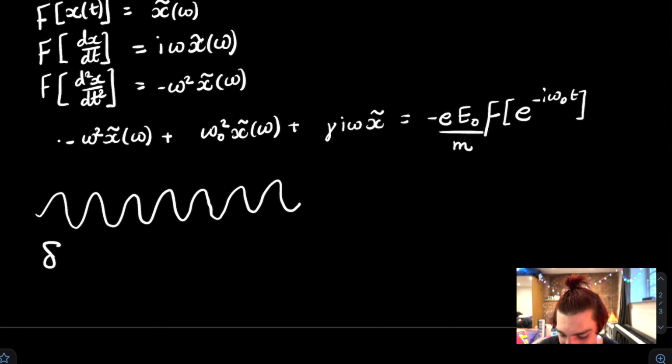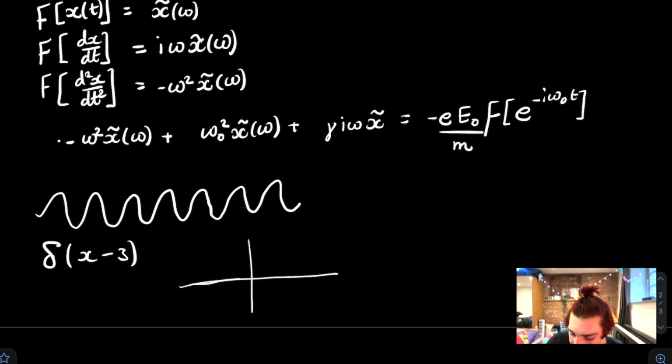And the whole point of the Dirac delta function is that it's only activated at one very specific value right here. So if I have the Dirac delta function of, say, x minus 3, when I plot this out on a graph, what I'll find is that there will be no value of the delta function for any value other than 3, where this delta function will spike and go to infinity, and then it will immediately drop down for all other values and continue on as normal.